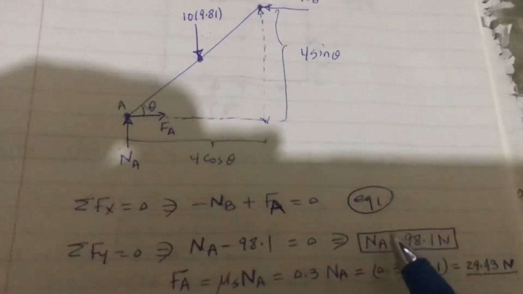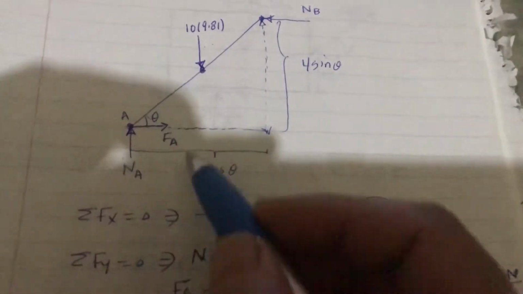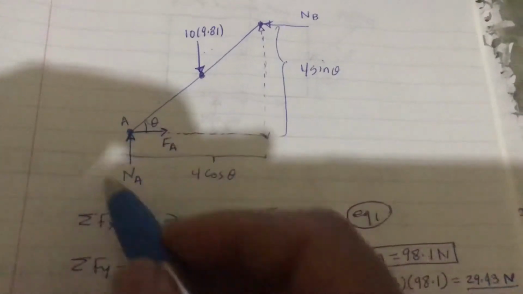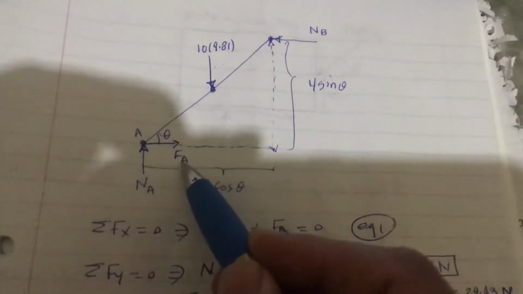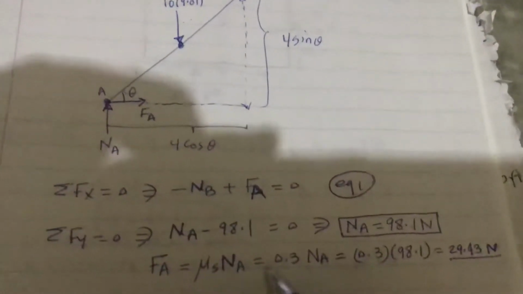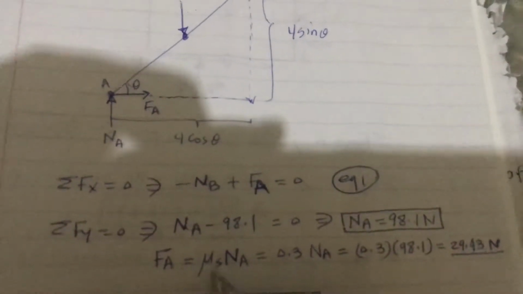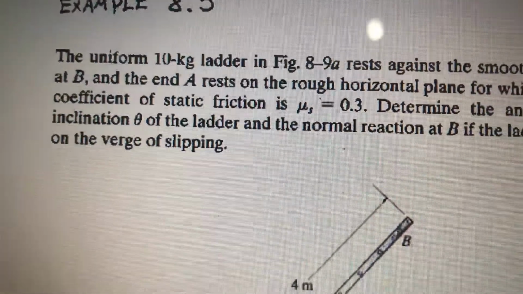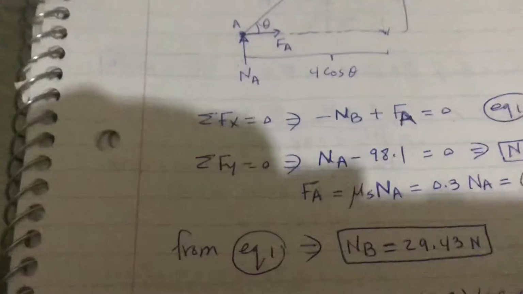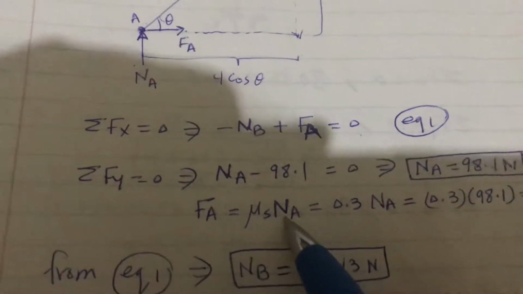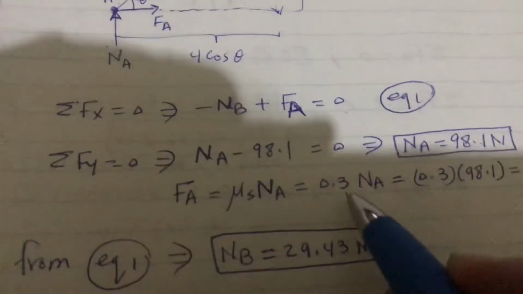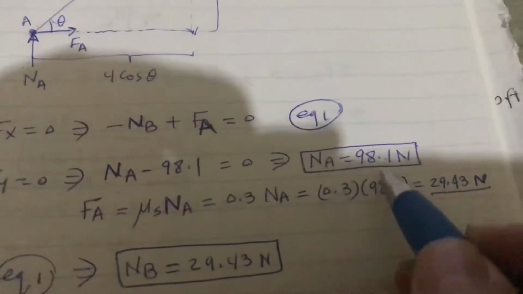Now we solve for Fa. The friction force Fa could be found from mu times N, by default. The friction force Fa is equal to mu times Na. Mu is given, he told you mu is 0.3. So mu is 0.3 and the normal force at A is 98.1.